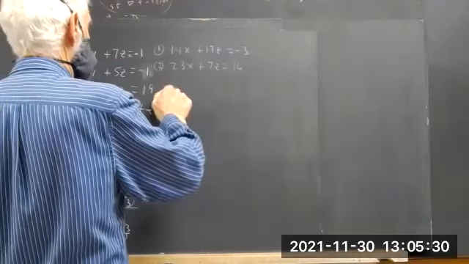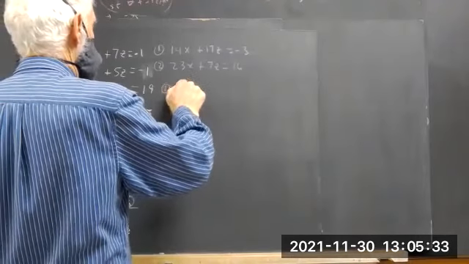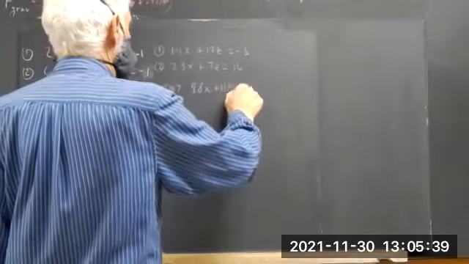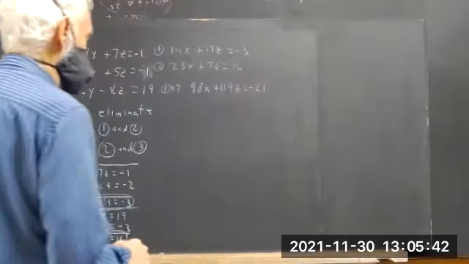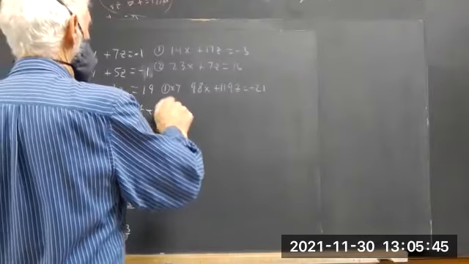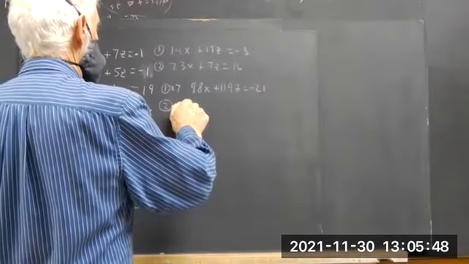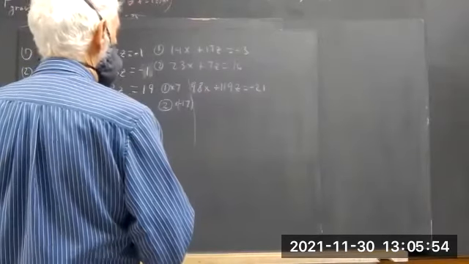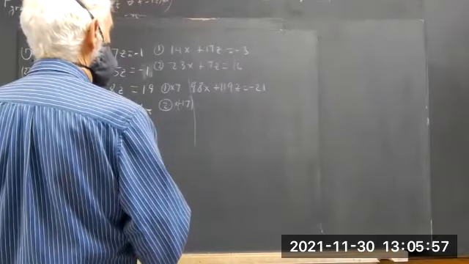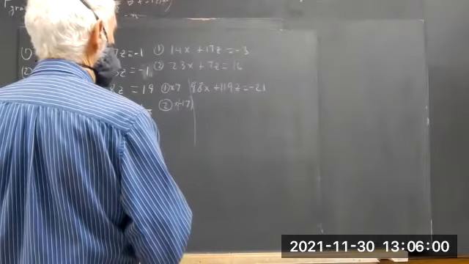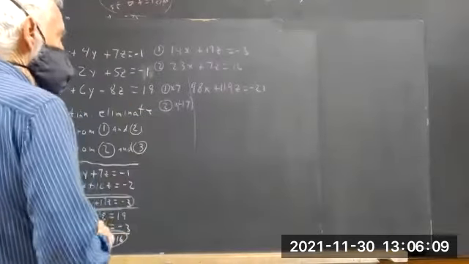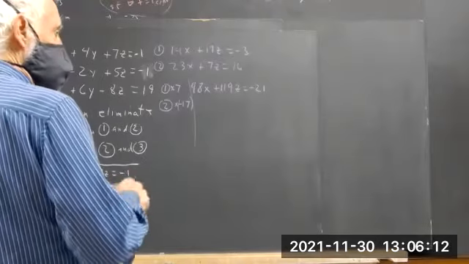the first equation by 7, giving us 98x plus 119z equals -21. We multiply the second equation by -17, and 17 times 20 is 340. 17 times 3 is 51.